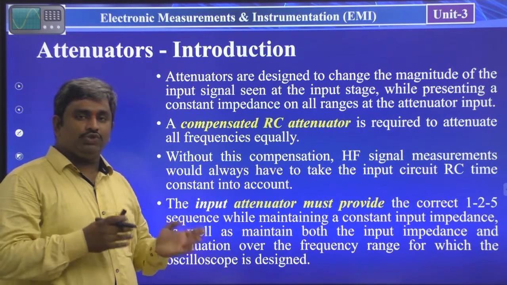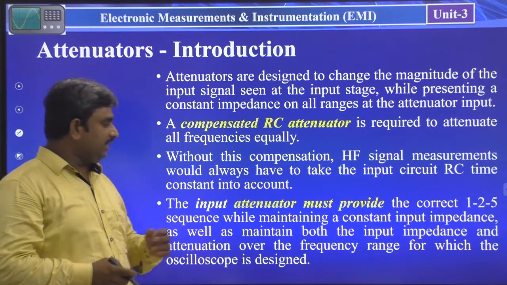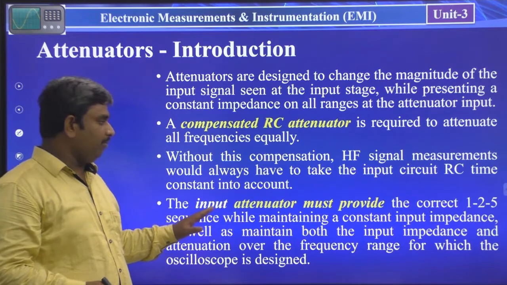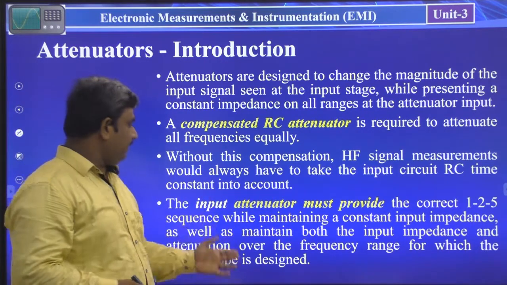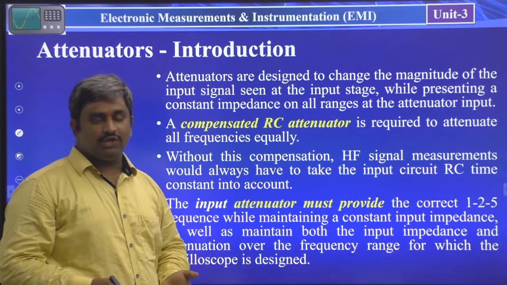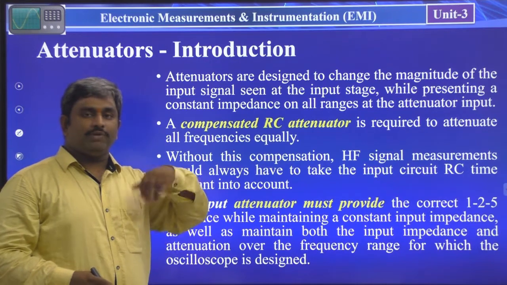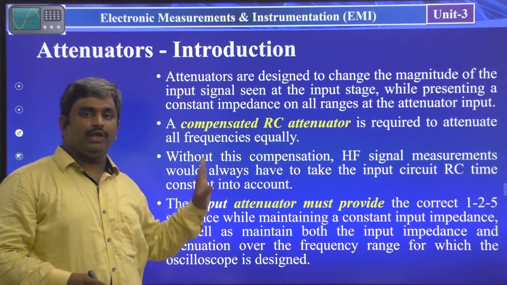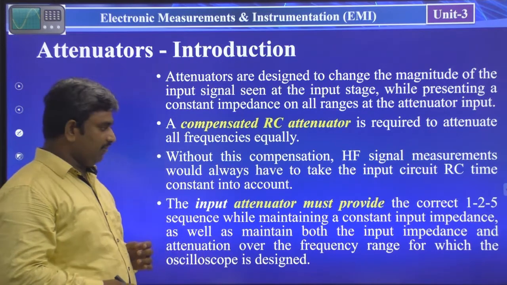These two parameters you have to monitor for all frequency ranges of the signals. These are the major important parameters, and we have to provide a constant input impedance for the input attenuator circuits. Whatever the observation points we are taking, you have to provide a good attenuation circuit at the input of the CRO.